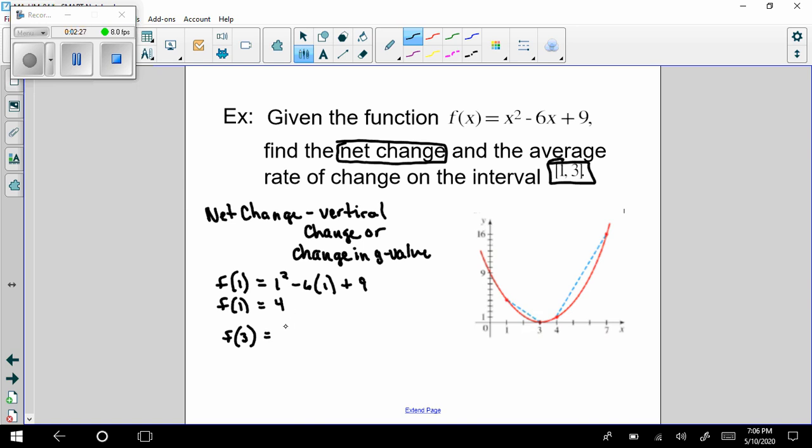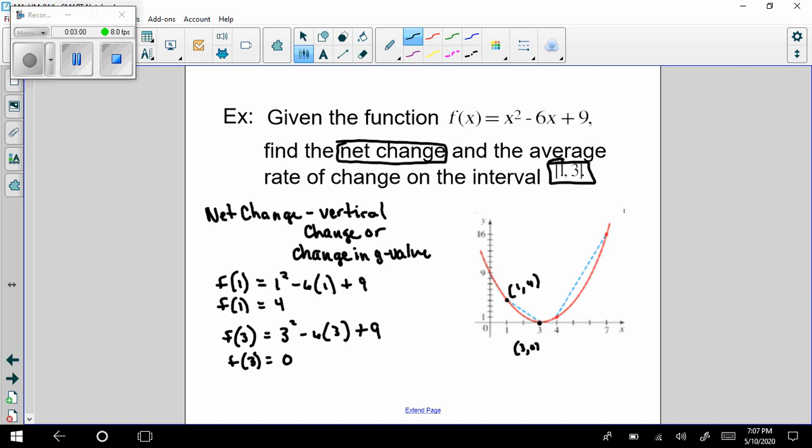But just to make sure, we're going to do 3 squared minus 6 times 3 plus 9. So f of 3 is equal to 9 minus 18, negative 9 plus 9, which is 0. So we have calculated this point, 3, 0. And we have calculated this point, 1, 4. So we're looking at the secant line between those 2 points.